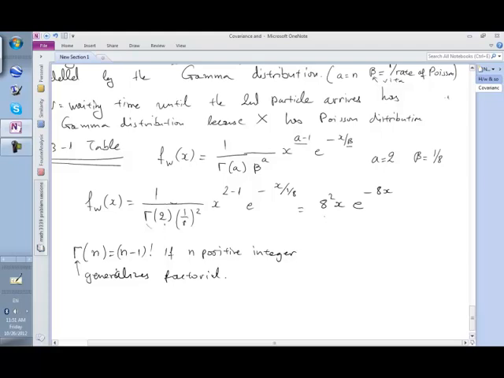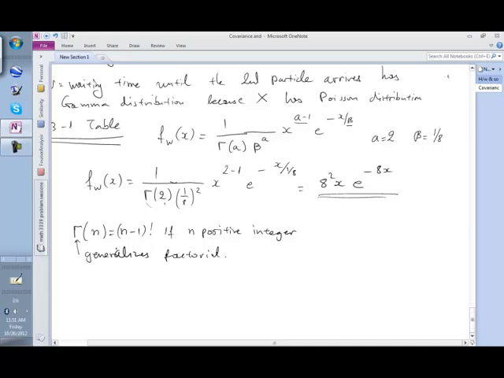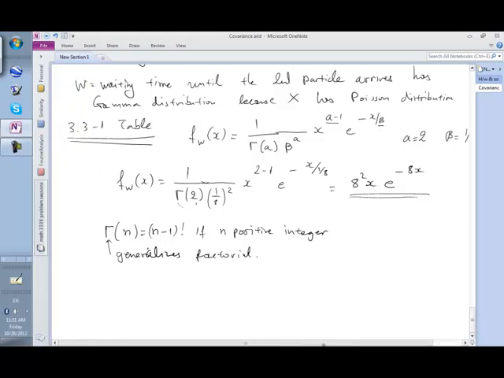In this case, when you have this type of gamma, it is not very difficult to make all of the calculations. If you want to calculate probabilities, you would need to do essentially integration by parts.